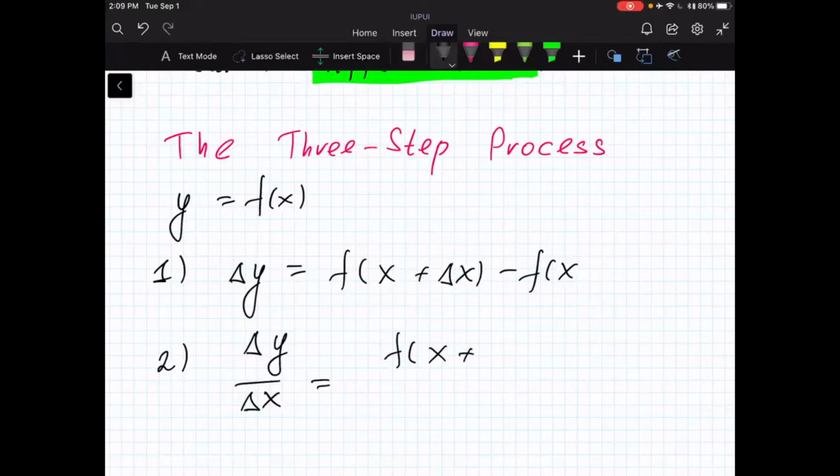It's just a point of notation. So now we are calculating the derivative at point x, not x naught, but it's not very important: f of x plus delta x minus f of x divided by delta x.